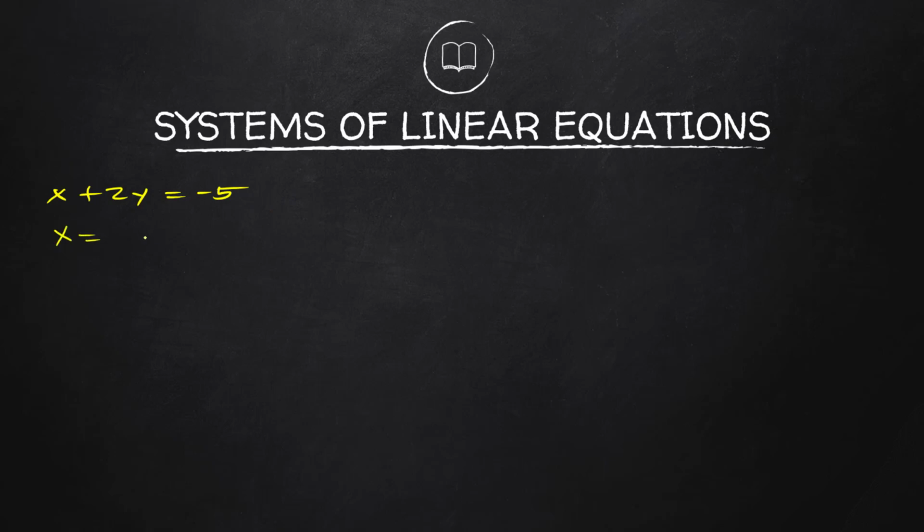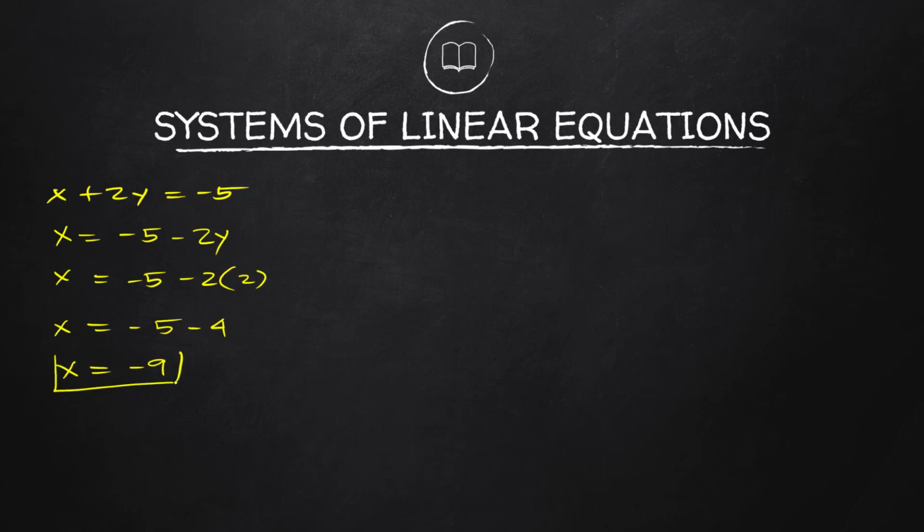To solve for the value of x, transpose this to the other side, so x is equal to negative 5 minus 2y. From our computations, y is equal to positive 2. So x is equal to negative 5 minus 4, and this will become x is equal to negative 9.